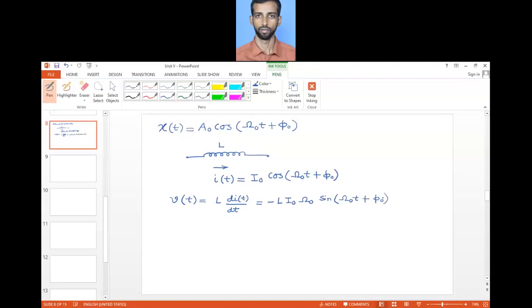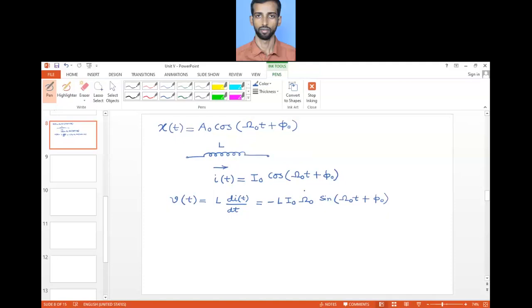So here we find two different changes. One change occurs in the amplitude. Initially the amplitude of this current, this excitation, was I naught, and as far as the response is concerned, it is given by minus L I naught omega naught. So there is a magnification by some factor.